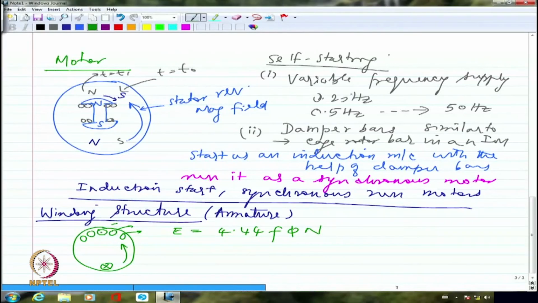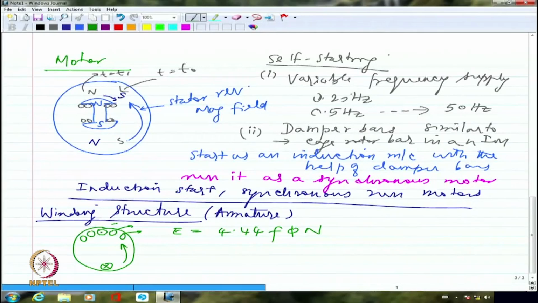So there will definitely be a difference in the induced EMF in each of these turns. I'm not going to get the same value of induced EMF in all of them. So when I add them, I cannot say it is N times the induced EMF per turn. That's not correct.